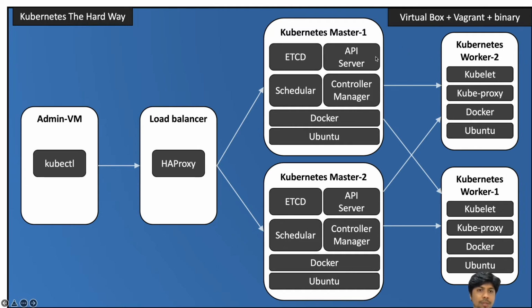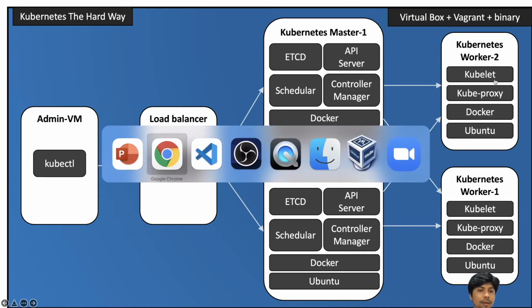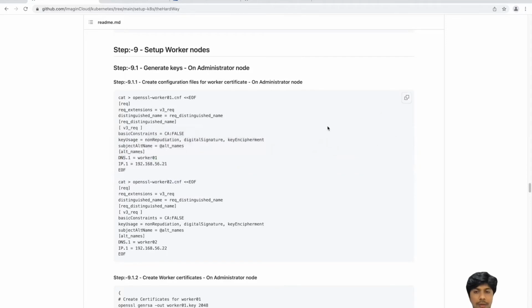Kubelet is always communicating with the Kube API server to give all the status of the pods which are running here, give logs, and also whenever a new request is scheduled to create a new pod, it communicates with the underlying Docker or Rocket, whichever containerization tool is installed, and requests it to run that container. So these are the two things which are installed in the worker node. Let's generate the keys on the administrator VM.